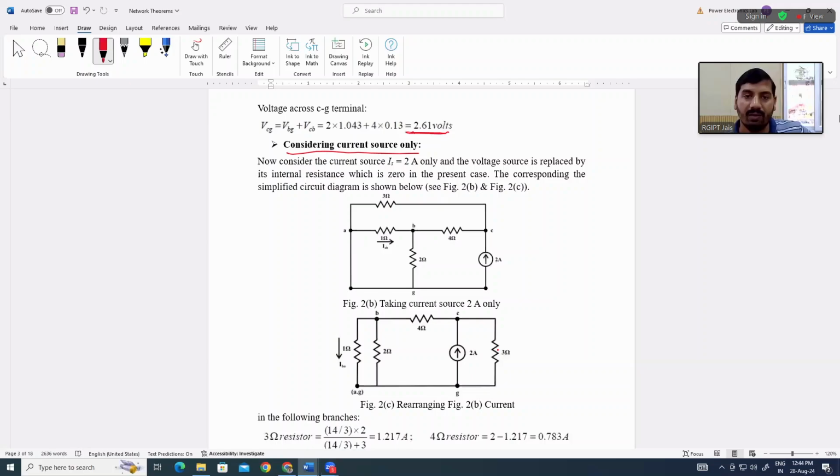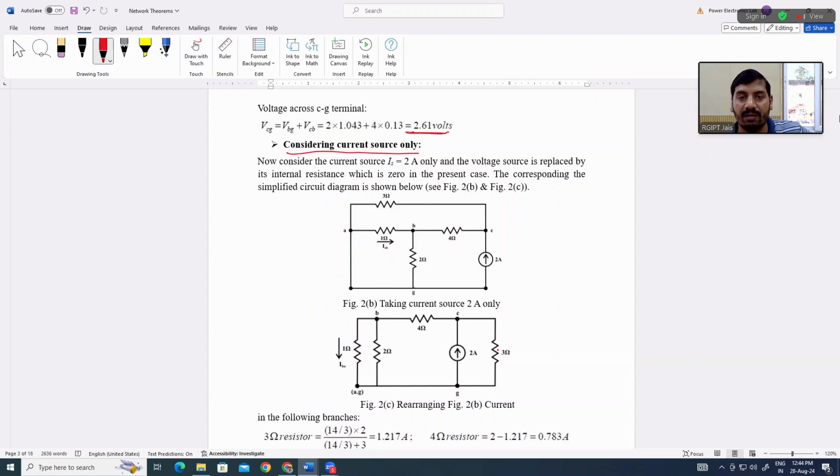Now how can we resolve this circuit? You can see that these two terminals are the same. 1 ohm is here, 2 ohm is here, so both will be in parallel combination, right?